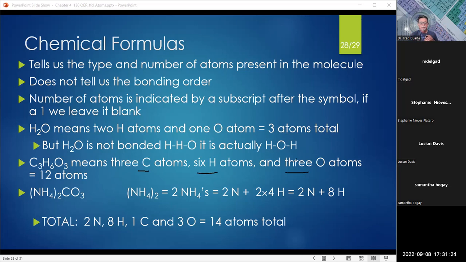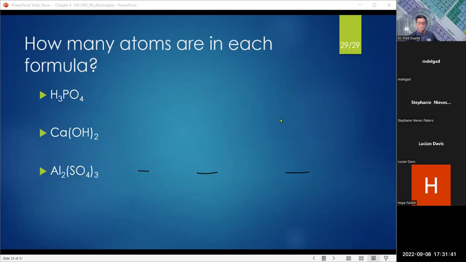Then we're going to take that information and determine the percent composition: how much percentage of carbon in that compound, how much hydrogen, how much oxygen. But right now, identify the different types of atoms and how many total.